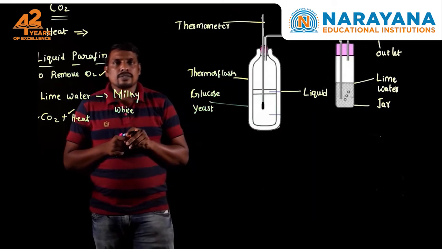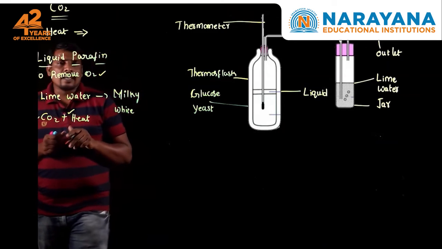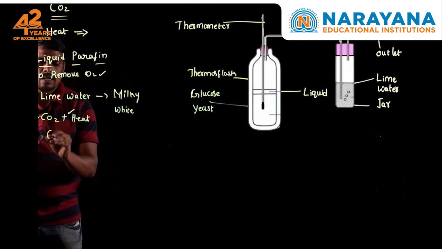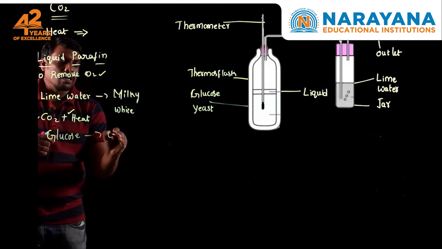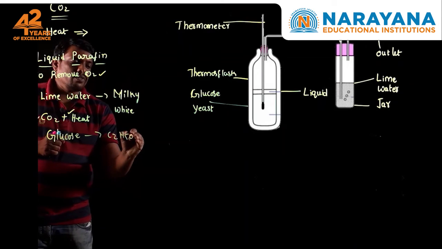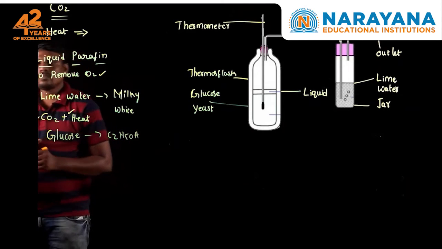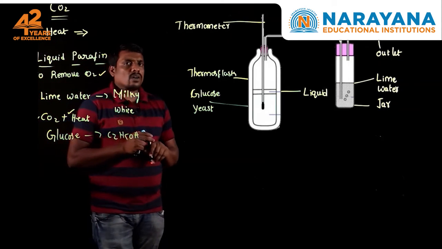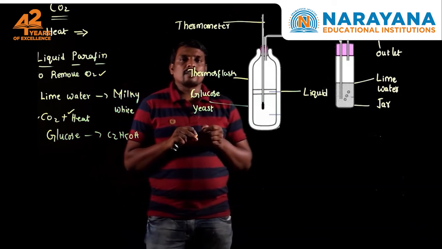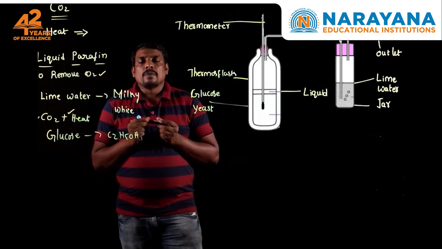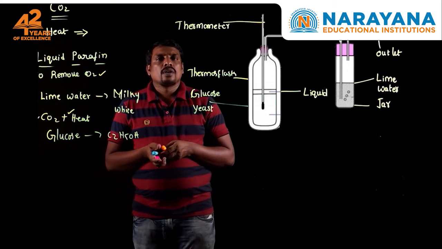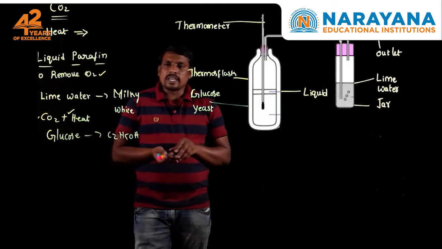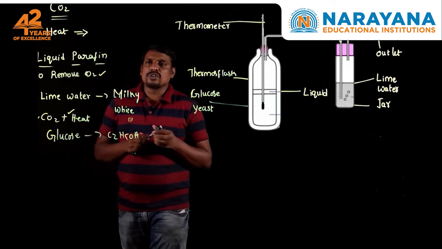And one more thing is, the glucose which is there in the thermos flask will be converted into ethyl alcohol, that is C2H5OH or ethanol. Production of ethyl alcohol or ethanol is a common characteristic of anaerobic respiration, isn't it?